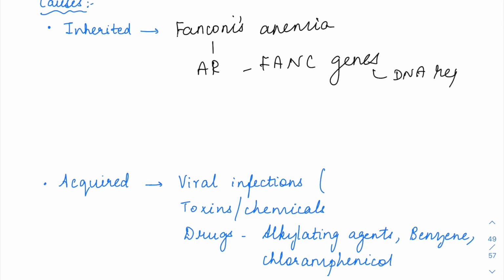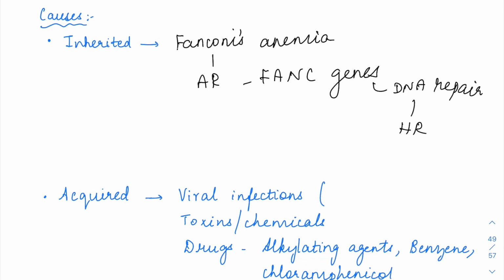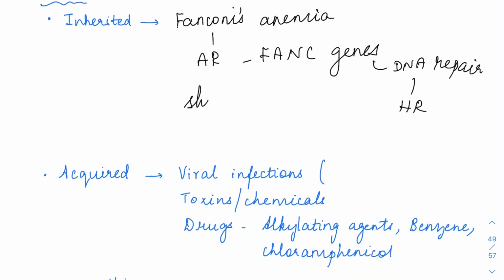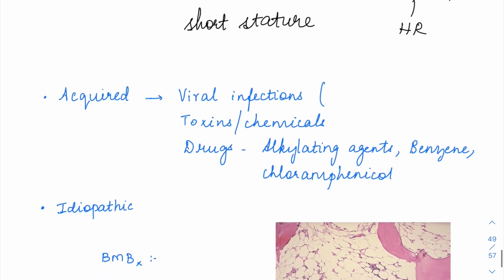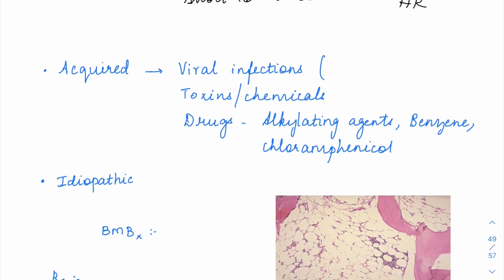So what type of DNA repair? Homologous recombination. Under homologous recombination, we had Bloom syndrome, Fanconi's anemia and ataxia-telangiectasia, right? So Fanconi's anemia can result in this kind of aplastic anemia. These patients usually have short stature and multiple congenital abnormalities along with the aplastic anemia. Under acquired causes of aplastic anemia, viral infections are the most common cause.